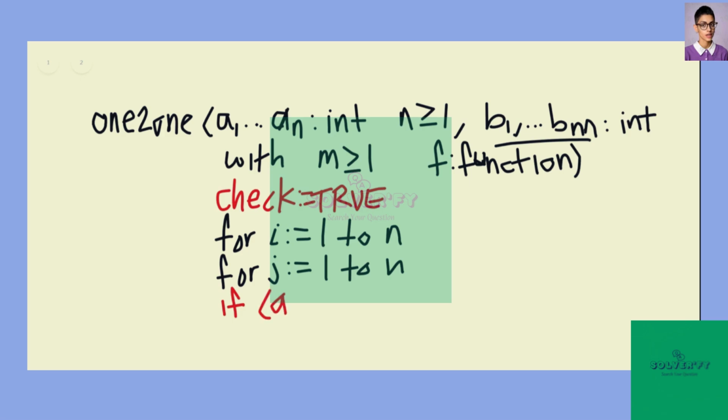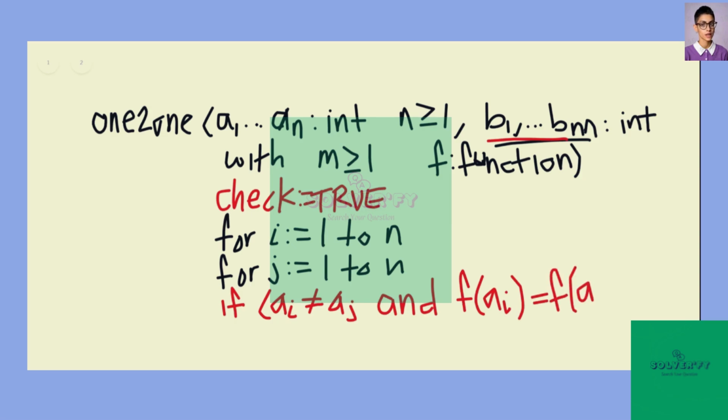okay, we want to say, well, if we have an a_i that does not equal a_j, so this is how we're making sure that our two inputs are different. However, if these two things are not the same, but the integer that it maps to, right, so f(a_i) will be equal to one of these b integers, and f(a_j) will also be equal to something on there.